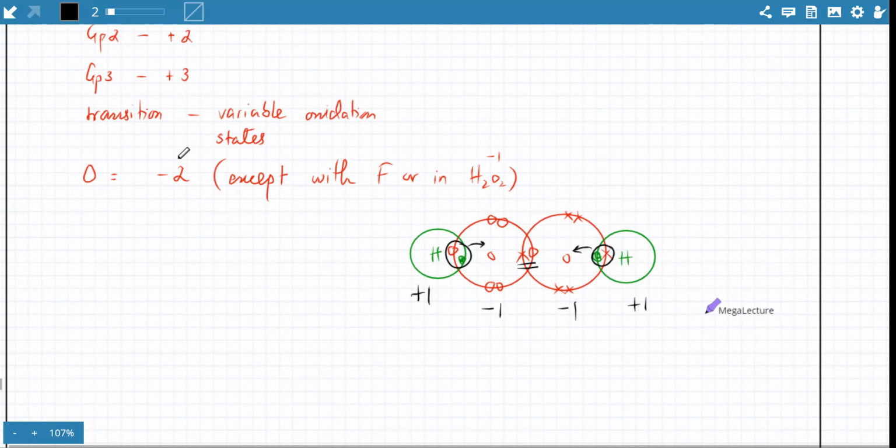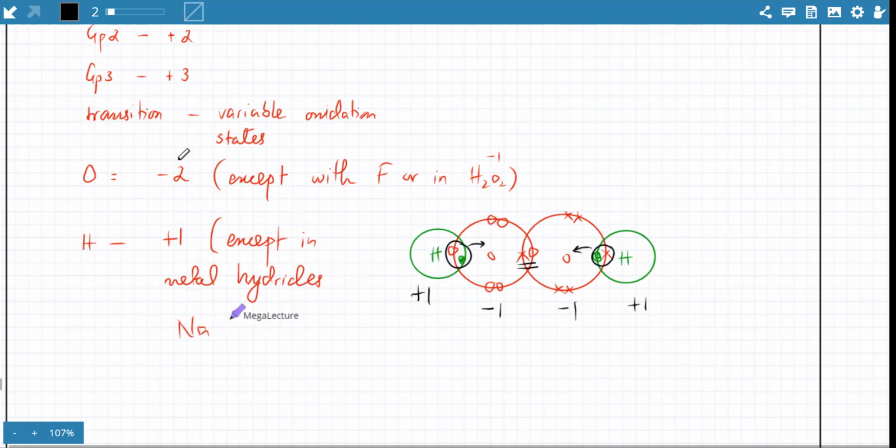Anyways, most of the time oxygen is going to be -2. And similarly for H, when it comes to oxidation state, most of the time it's going to be +1, except in metal hydrides. In metal hydrides, the metal actually ends up losing electrons.